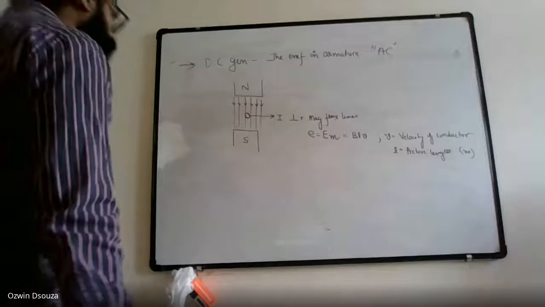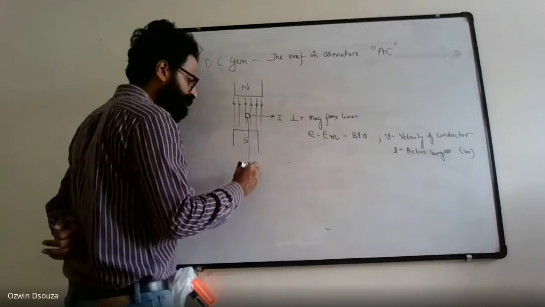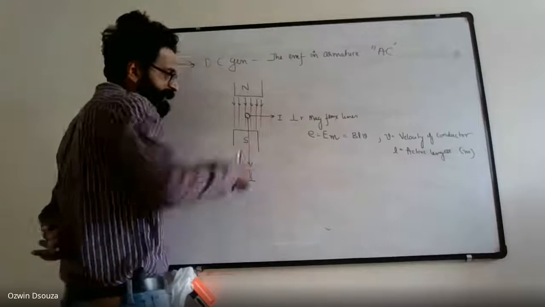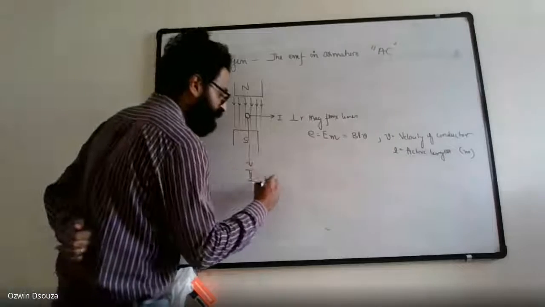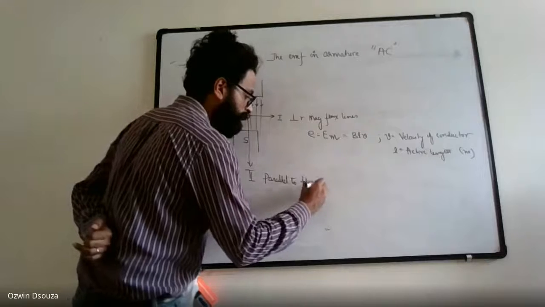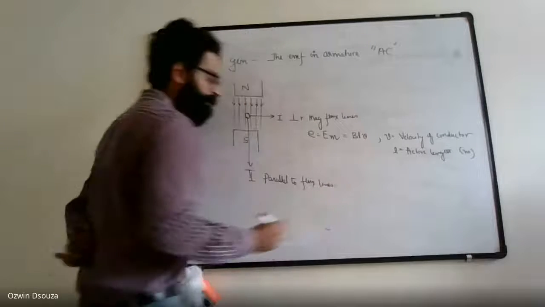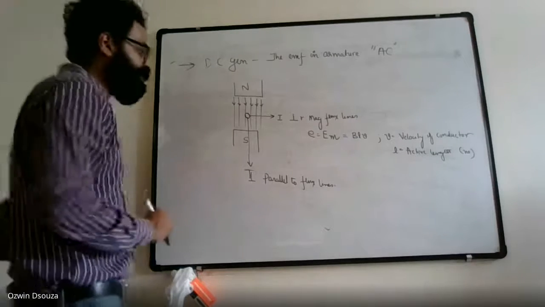On the other hand, if the conductor were to move in direction 2, the tendency of motion is parallel to flux lines. So when the conductor tends to move parallel to flux lines, there will be no change in flux.